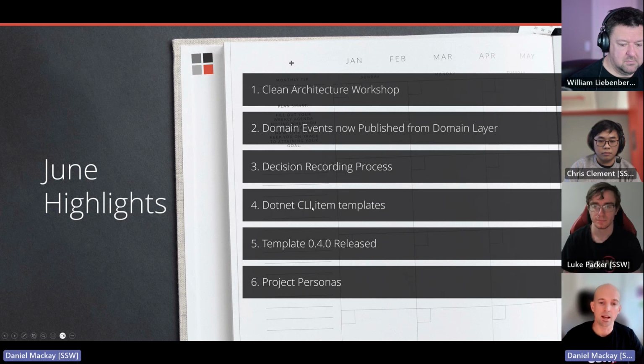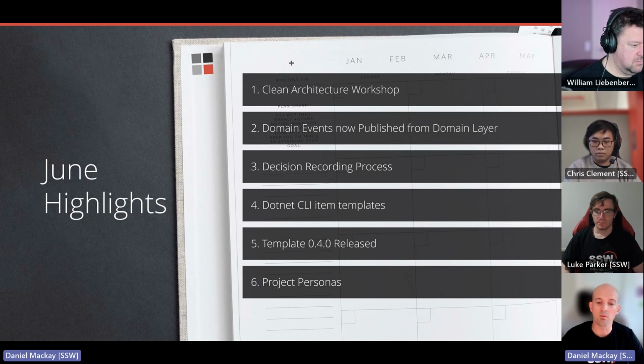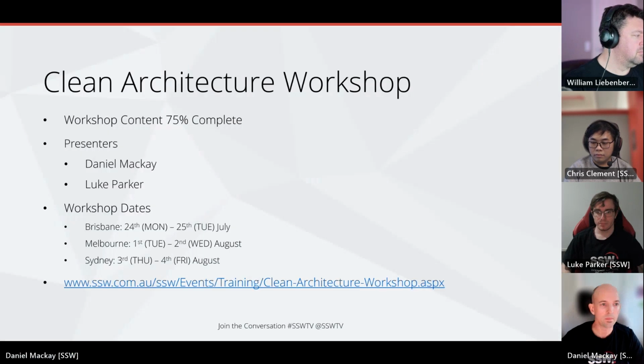Next is our .NET CLI item template, a couple of templates that will help us quickly create queries and commands. We've also released version 0.4.0 of our clean architecture template and put together a little bit of guidance around project personas and when you might like to choose one architecture over another.